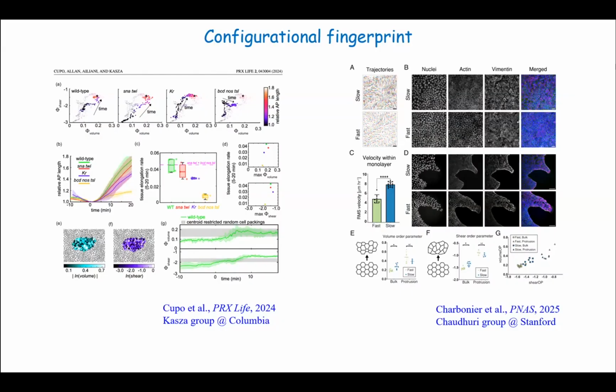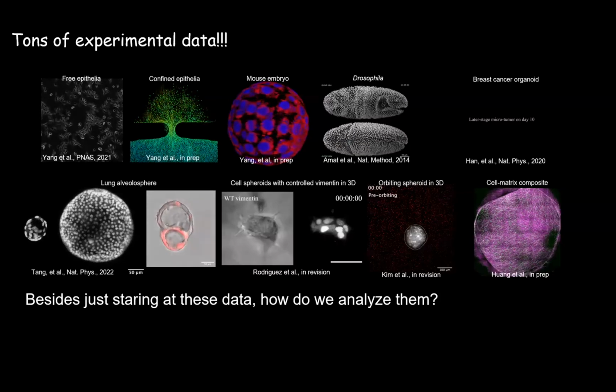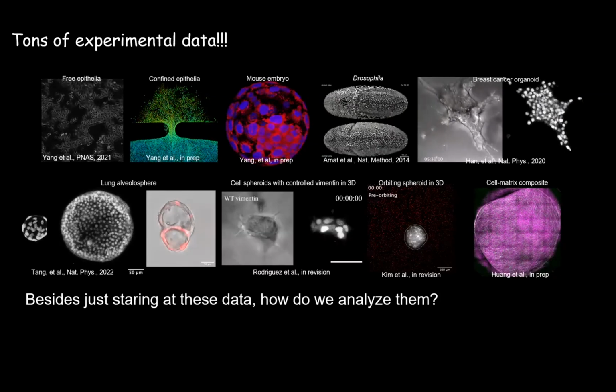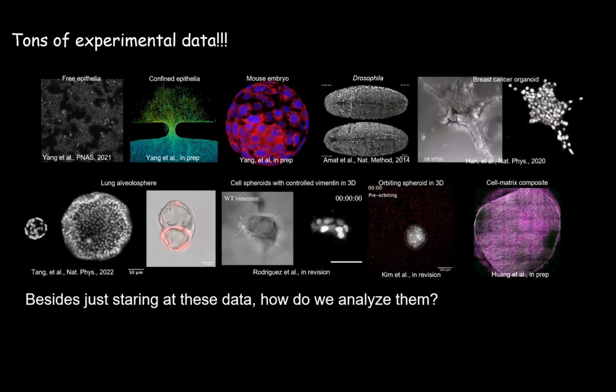And here's another work from Ovijit Chaudhuri's lab applying the set of order parameters in breast cancer. They can show the invasive tip seems to be really different as compared to the other parts of the tumor system.